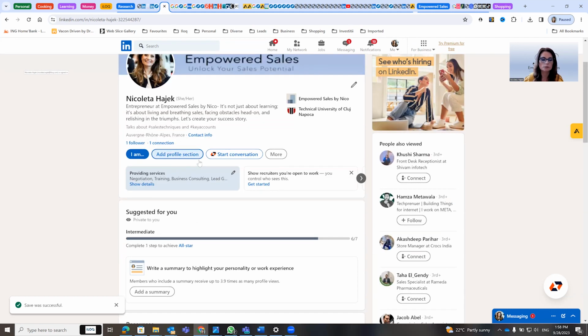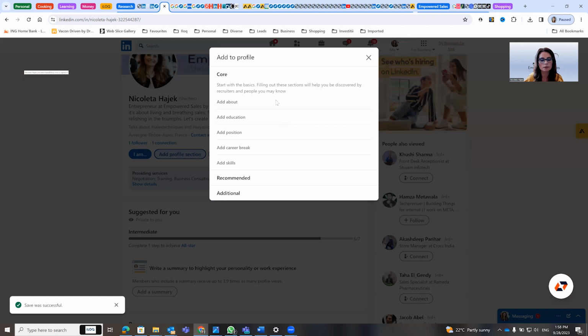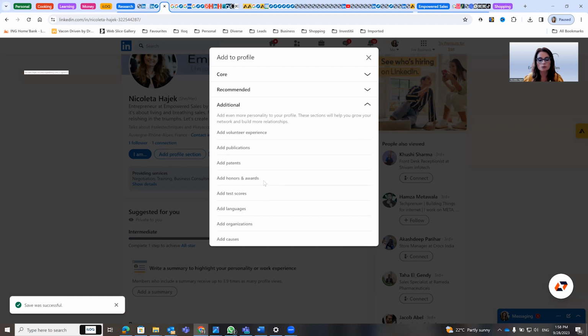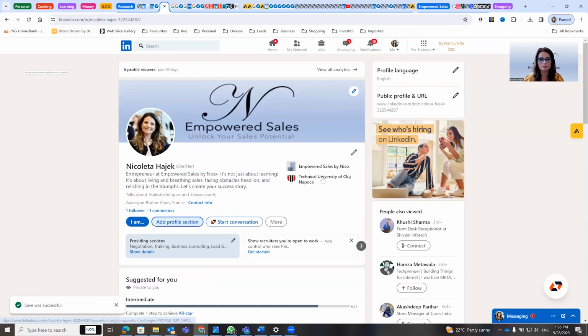You can add this profile section, and then here you can add positions, career break, skills that you have, projects that you have participated in, different licenses and certifications or courses that you have attended. And then there are also, if you really want to go deep and you have some publications or volunteer experience, you can add it all here, so your profile is well made.